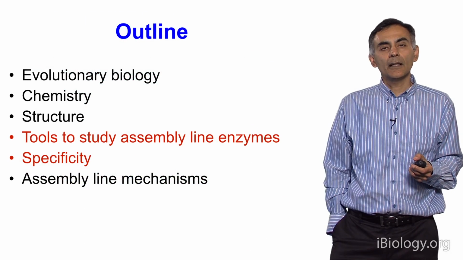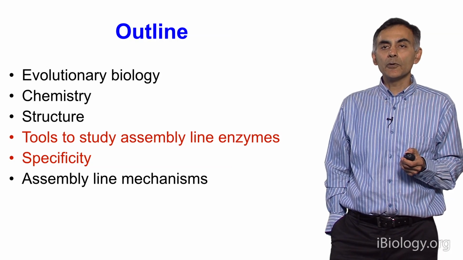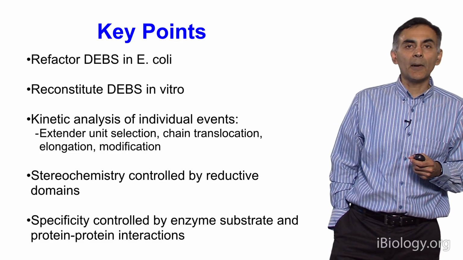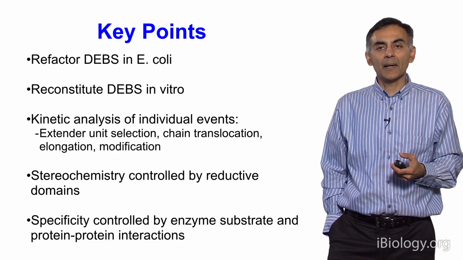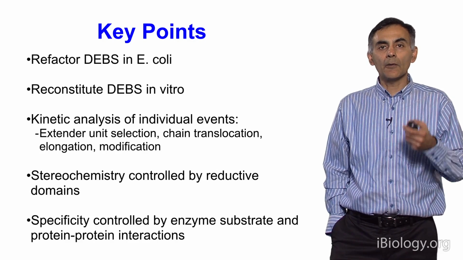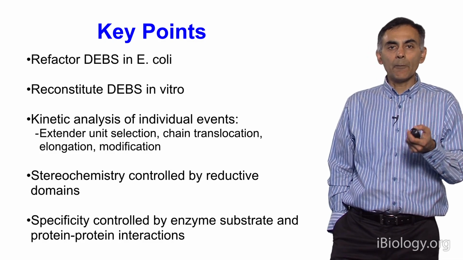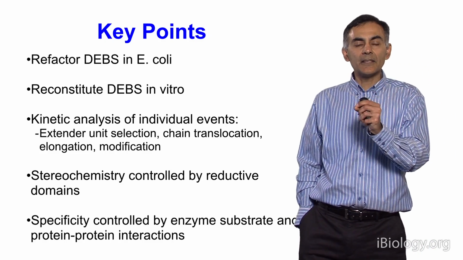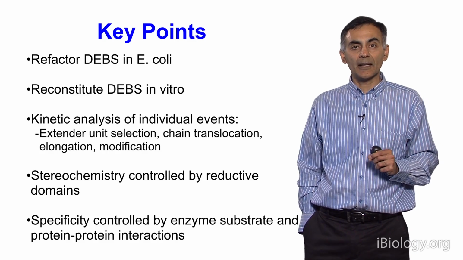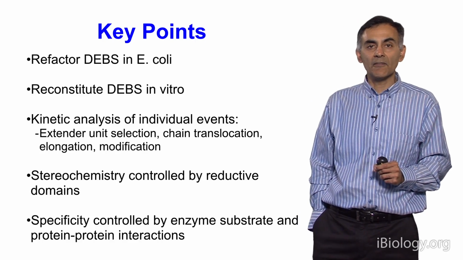In the second lecture, I introduced you to the tools and how we've used those tools to study different kinds of questions. So we talked about refactoring a metabolic pathway like this assembly line of DEBS in E. coli. We talked about how to reconstitute that pathway in a test tube. I pointed out that you can isolate individual reactions on the assembly line and look at their kinetics, whether you're looking at extender unit selection, translocation, elongation, modification events.